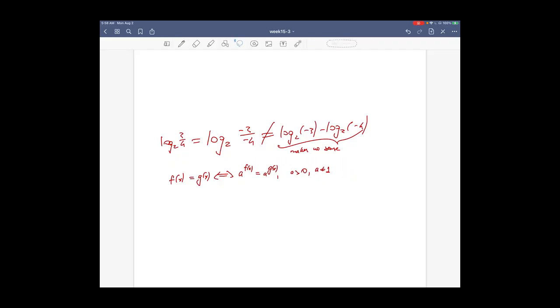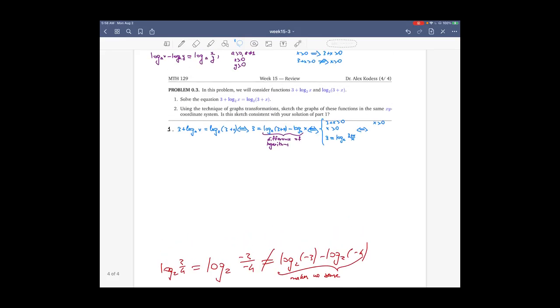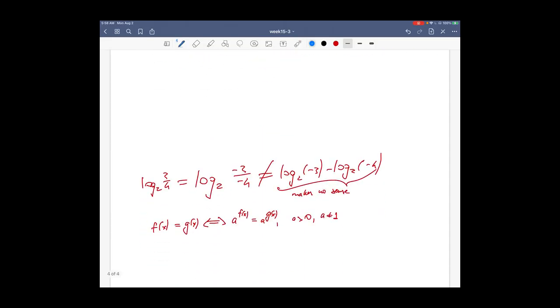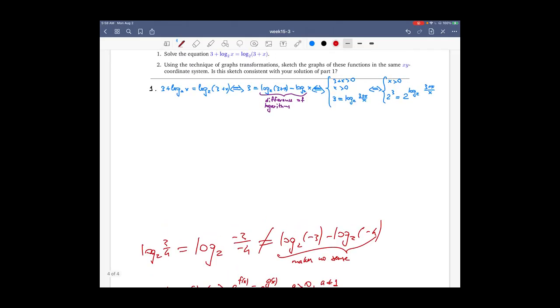So that is exactly what we're doing here. We are raising 2 to the power of each side of this equation. 2 to the power 3 equals 2 to the power log base 2 of 3 plus x over x. The point of doing so is, of course, to get rid of log base 2, because 2 to the power log base 2 will be just the power 3 plus x over x.